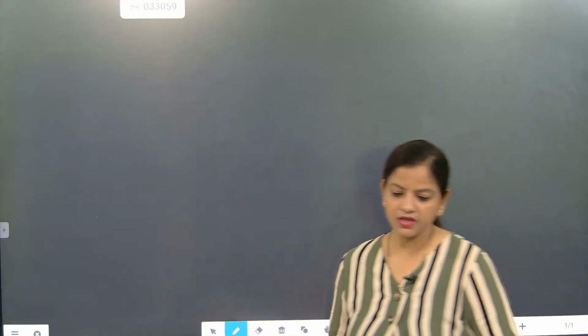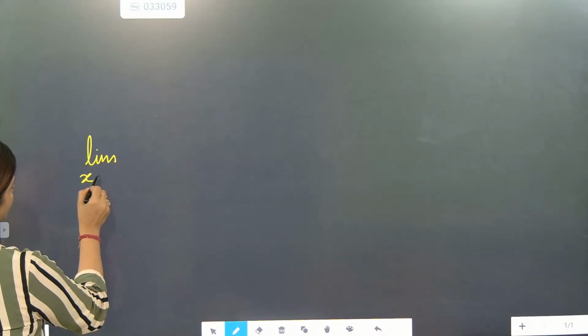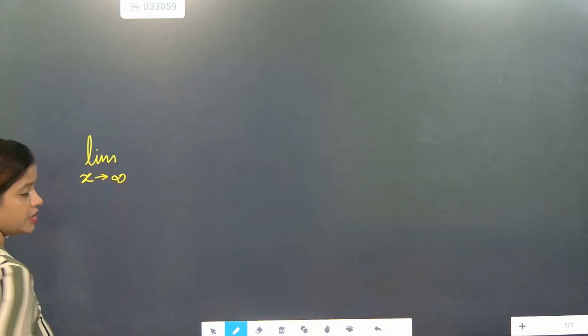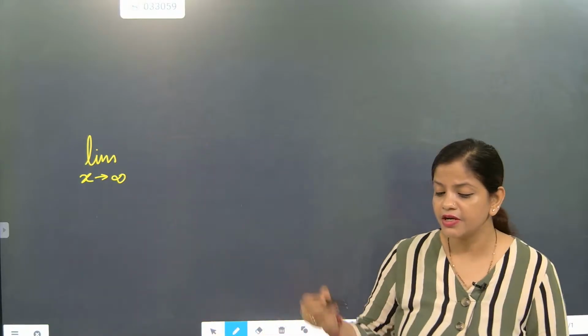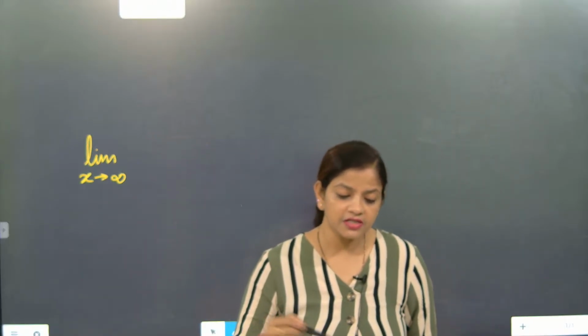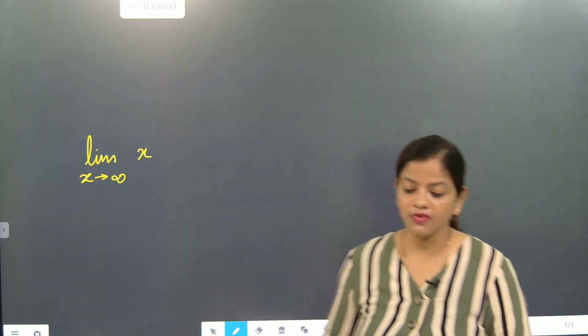Always remember one thing. If somebody writes limit x tends to infinity, this is a very typical part. What if limit is x tends to infinity? When limit x tends to infinity, if somebody directly writes x, then what will be the value coming?